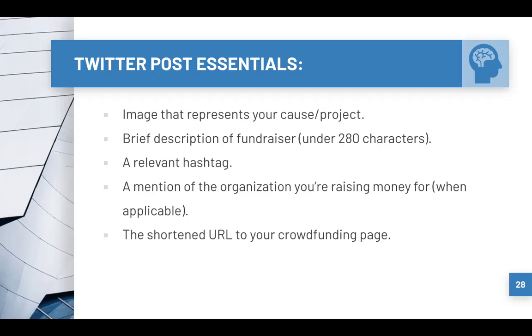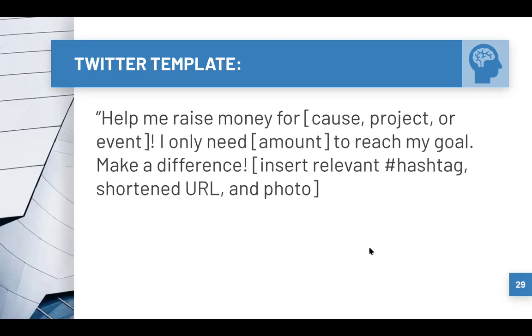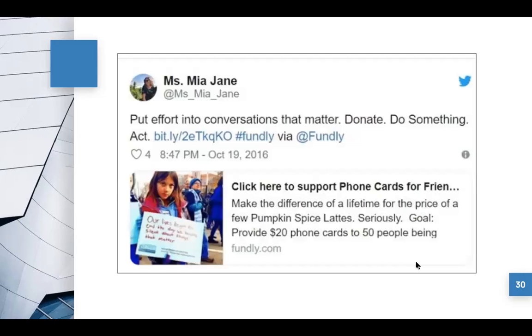You want a relevant hashtag so that maybe people not even associated with the account can possibly find it, as well as a mention of the organization you're raising money for, and again, the URL to the crowdfunding page. Here's another template of what your post can look like. Help me raise money. I only need whatever amount to reach my goal. So here's an example of that.